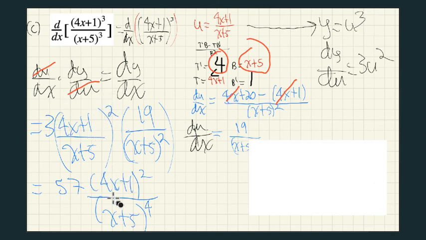On the bottom, I have (x plus 5) squared here, with an exponent of 2, but I also have (x plus 5) with an exponent of 2 here. If we multiply things with the same base, we add the exponents. 2 plus 2 is 4. So that's 4.